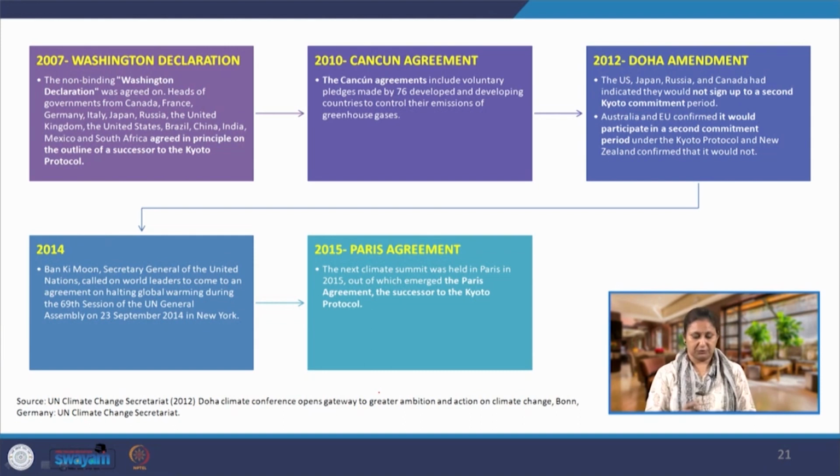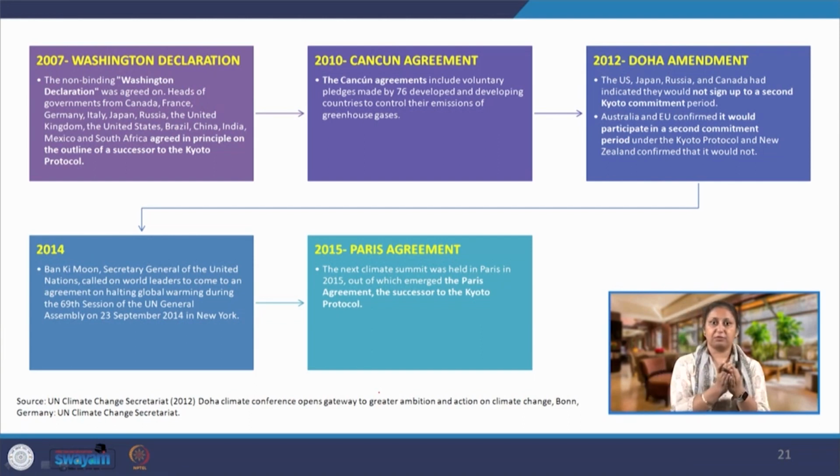So, in 2015 it was agreed that the Paris Agreement would be the successor of the Kyoto Protocol, and the mechanisms, targets, aims and objectives of the Kyoto Protocol will now be handed over to the Paris Agreement, and from 2020 onwards it will continue to take it forward.